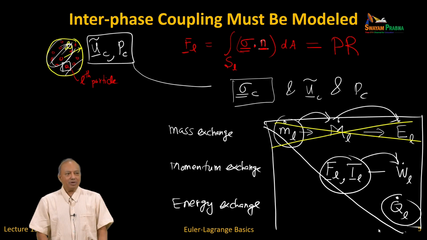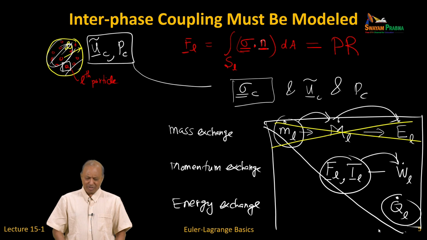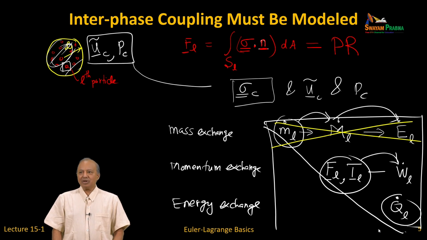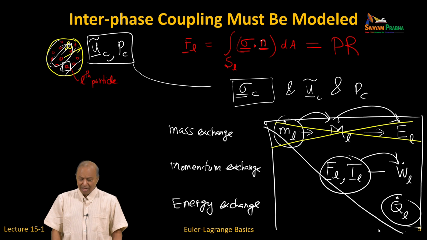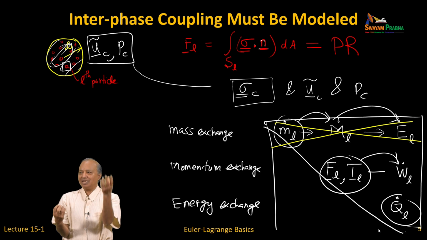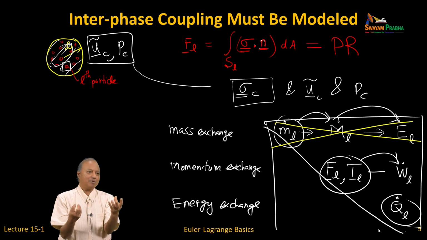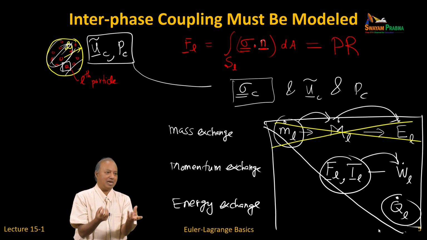Now, I want to talk about, this is just a general scheme. There is a lot of things written in there, just only those that are needed I will say it. The most important thing is how the particle and the surrounding fluid are coupled in terms of mass, momentum and energy.